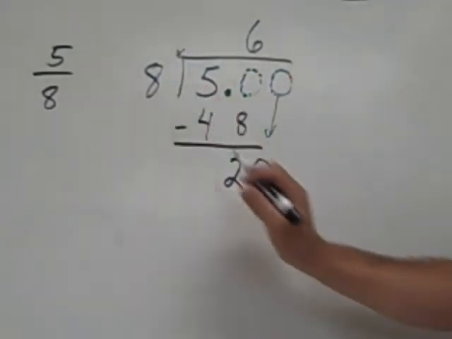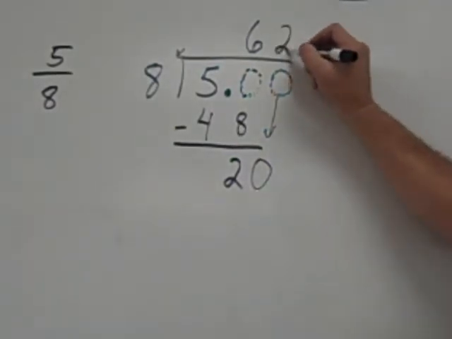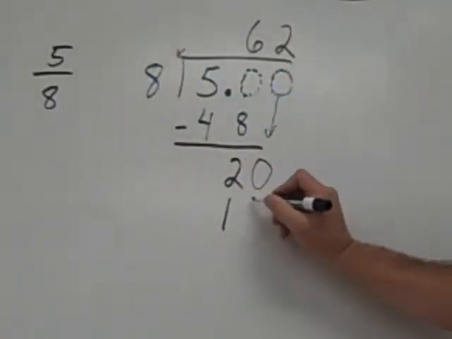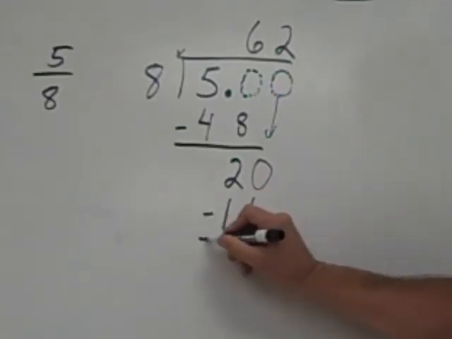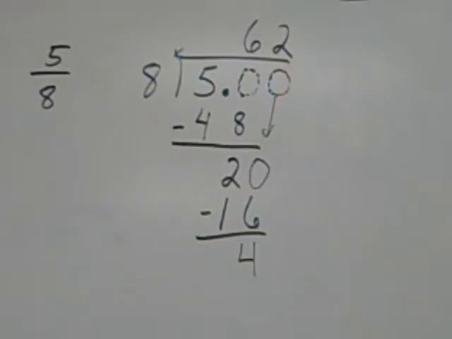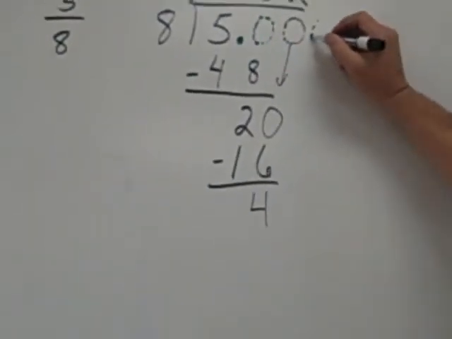How many times will 8 divide into 20? 2. So let's put a 2. 2 times 8? 18? I don't believe so. 16. Subtract. 4. I've still got leftovers. Put another Casper zero. Here we go.